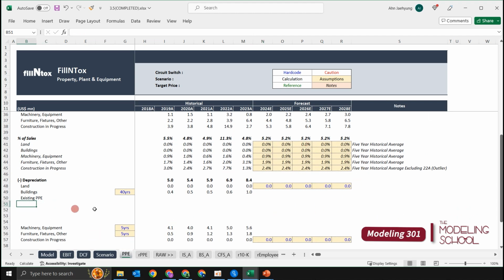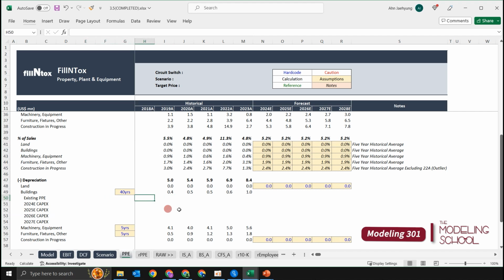And then we're going to separately forecast depreciation amounts for 2024 estimate capital expenditures. So separately, capital expenditures for 2025, capital expenditures separately, as well as 2026 and 2027. Let's just indent these line items.